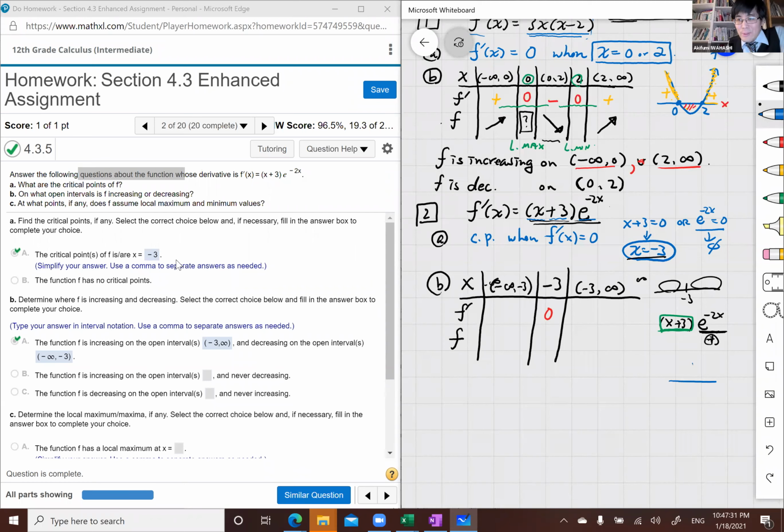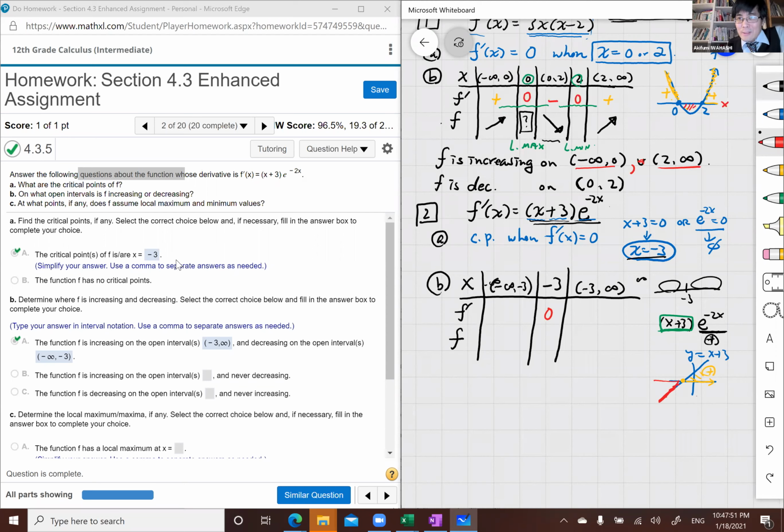If you think about y is equal to x plus 3, its graph looks like this. So if you put any number greater than negative 3, it's going to be positive. And if you plug in any number below negative 3, you're going to get negative y values.